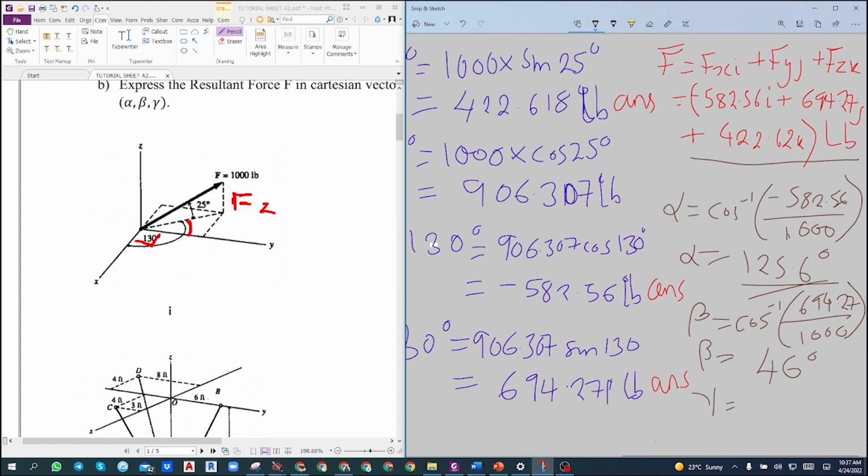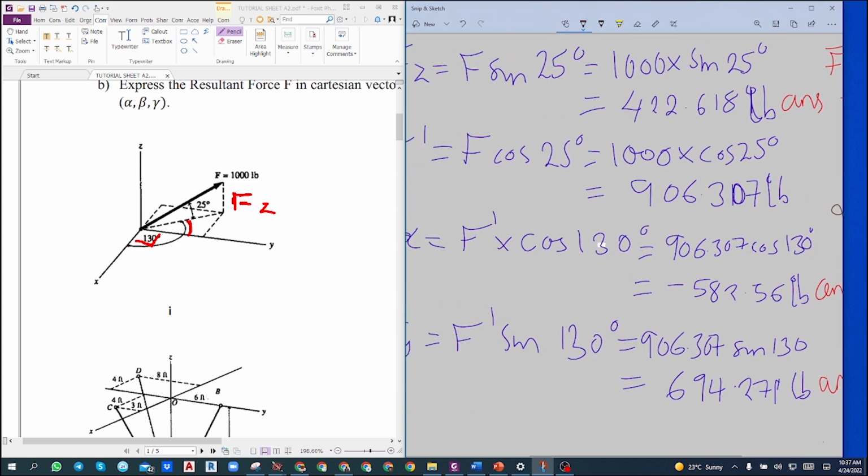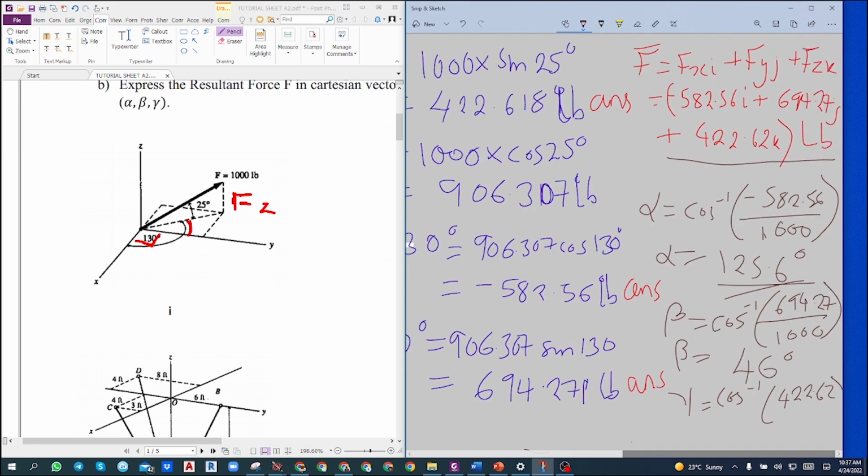And then your gamma is equal to cos inverse of 422.62 over 1000, and this is equal to 64.99999, which is 65 degrees.